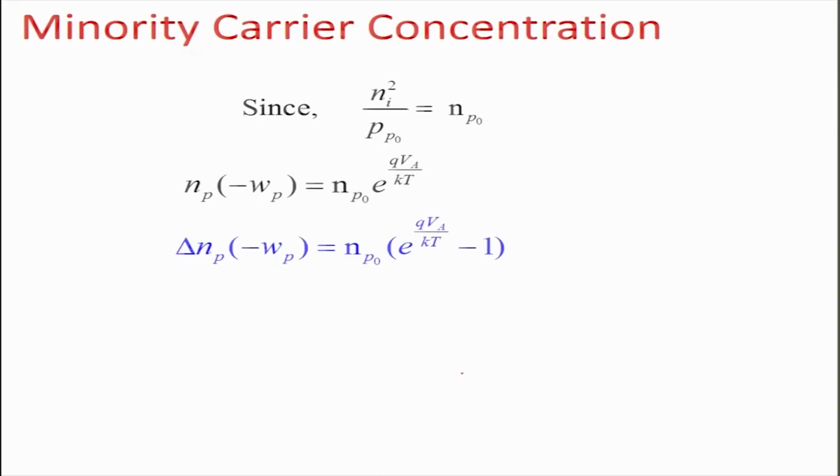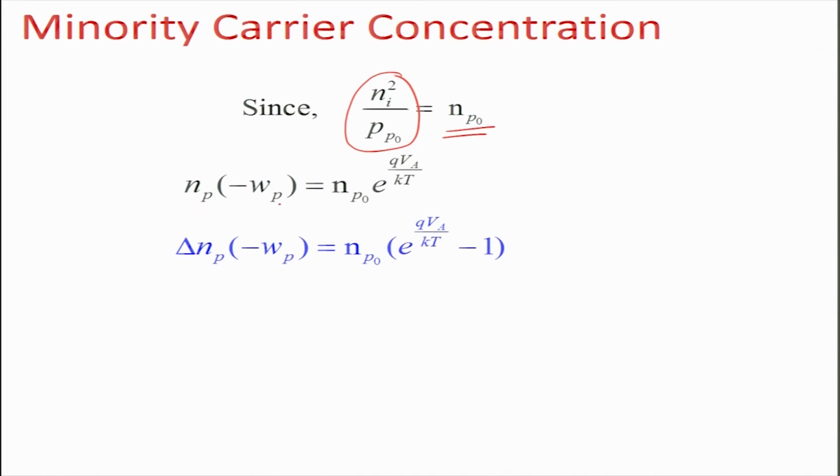Similarly, you can write for, so now we know that ni square divided by Pp0 is equal to Np0 at zero bias, right. This is the equilibrium carrier concentration. So I can replace this here.